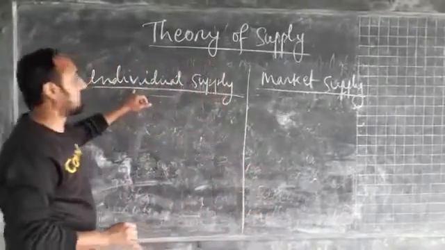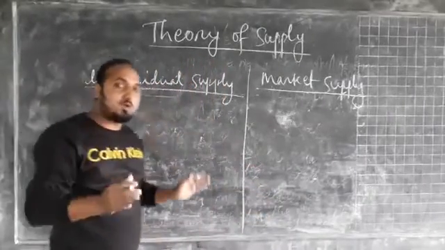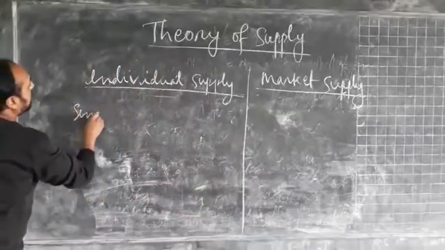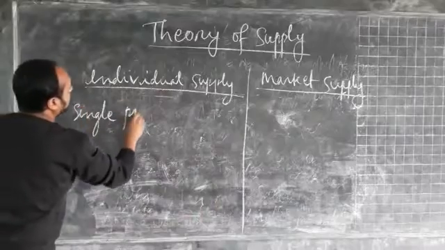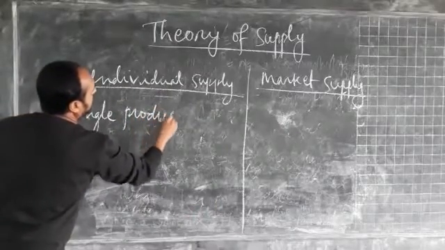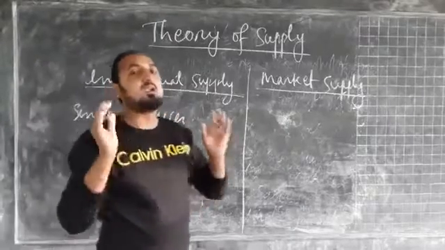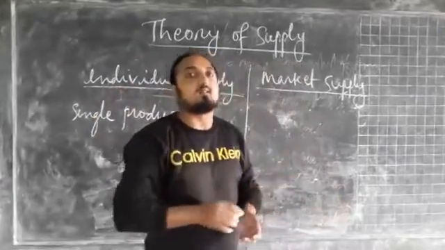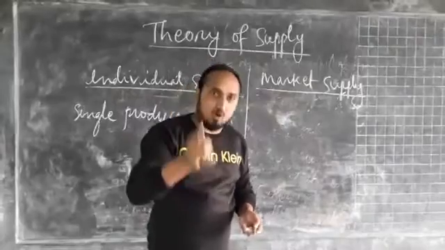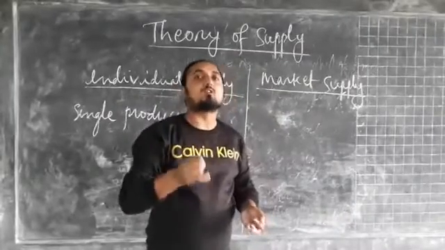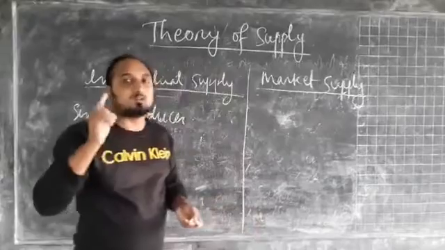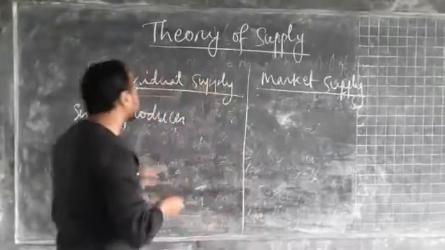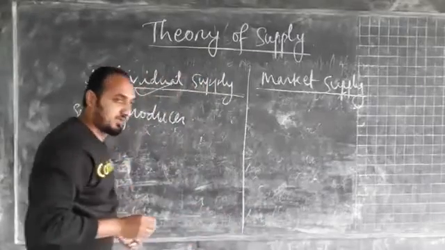So here individual means the quantity that is being supplied by only one producer, a single producer. So we can say that individual supply refers to the quantity of commodity that the individual producer or firm is bringing to a market for sale at a particular price during a particular period of time. That concept is called individual supply.